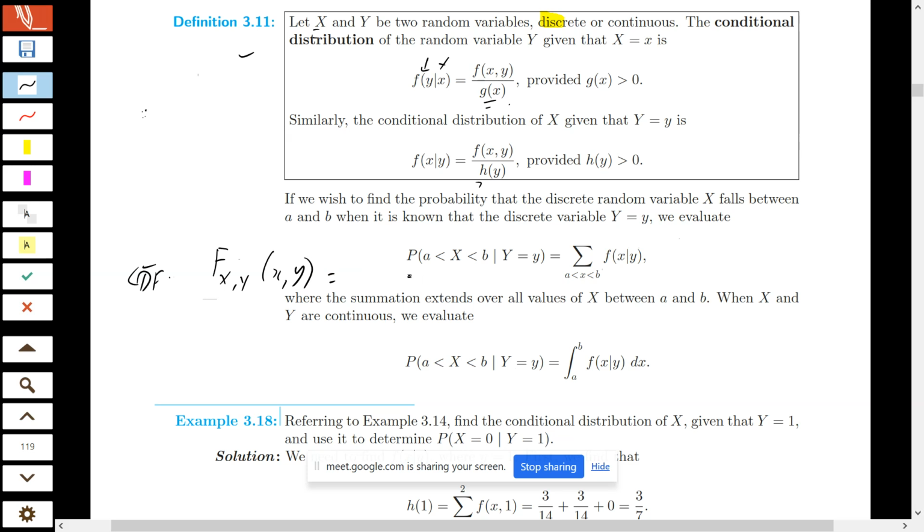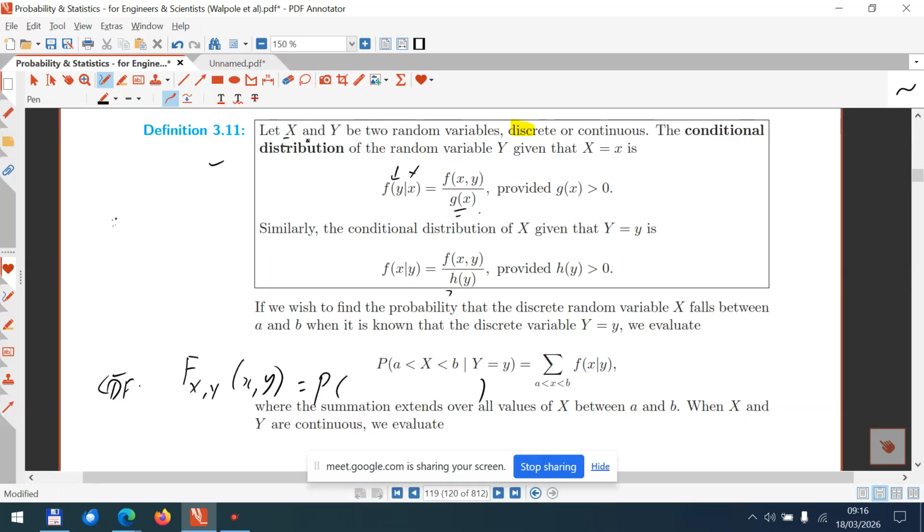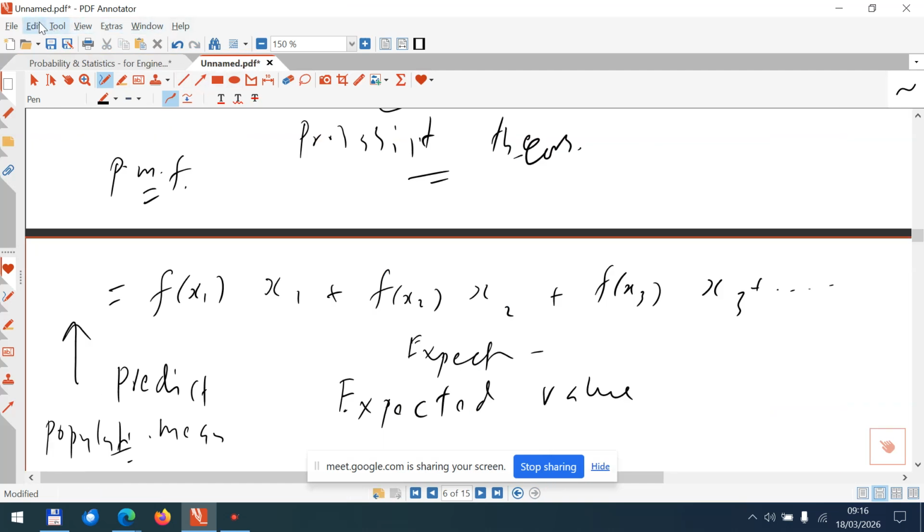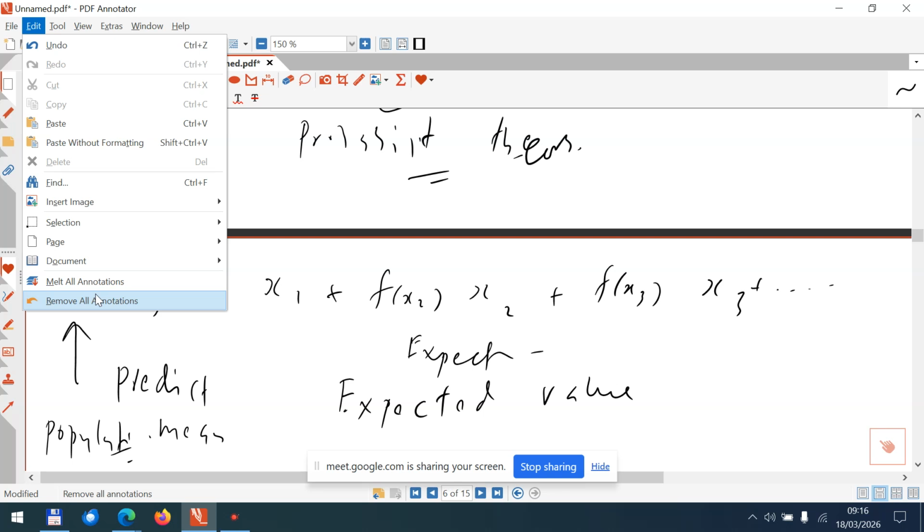You have to add all the, but before that you need to express this as a probability. Let's write this on a separate page. So let me remove all the annotations.